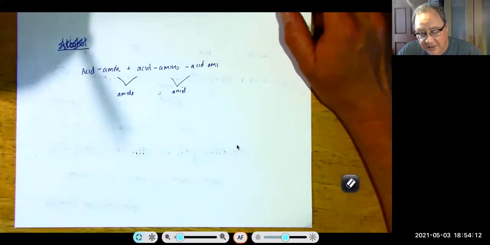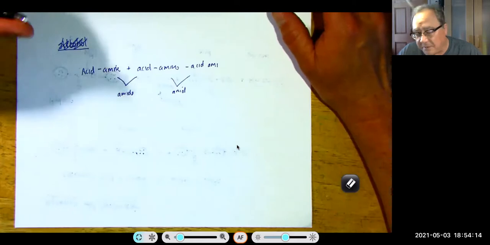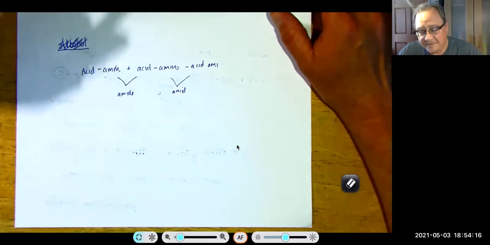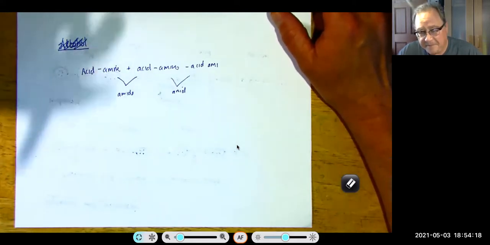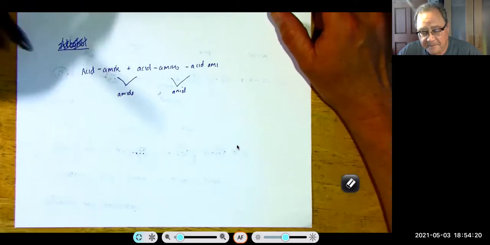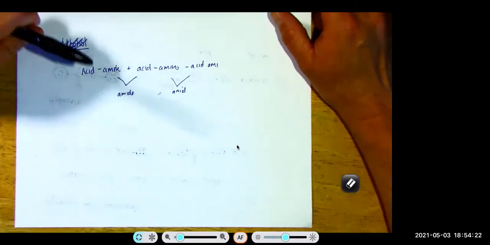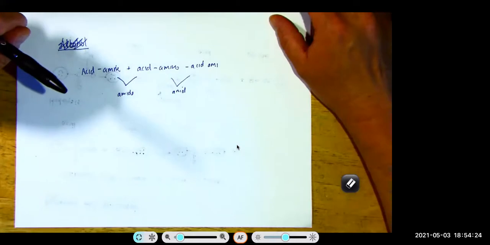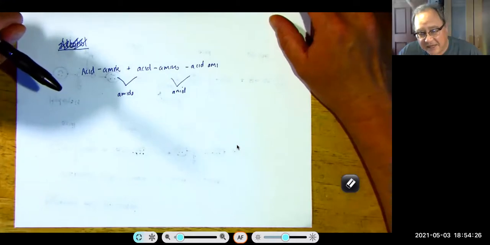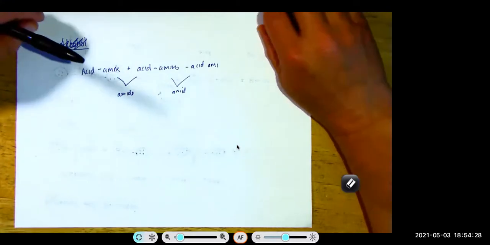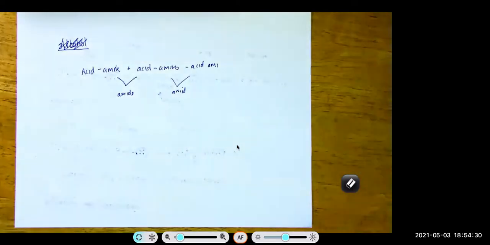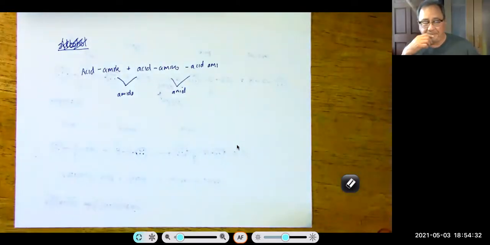Can you think of one other place where there's probably a polymerization reaction going on? DNA. That's what I was going to guess. Well, DNA is a phosphate polymer. So it's similar to these types of polymers, but it's got a phosphoester bond.